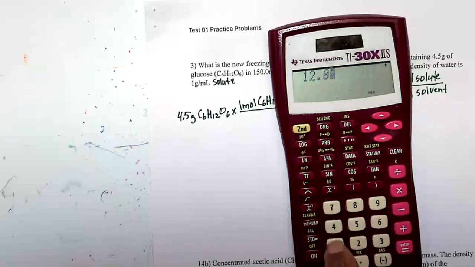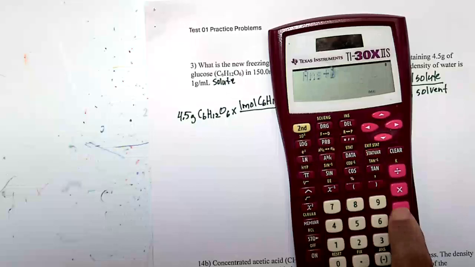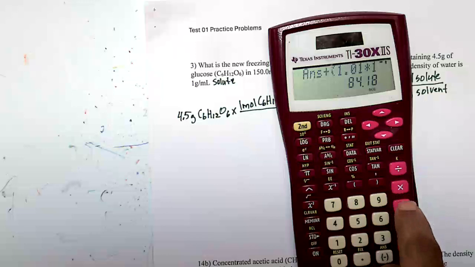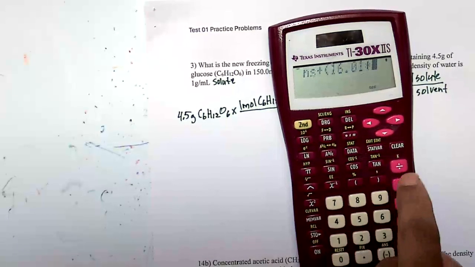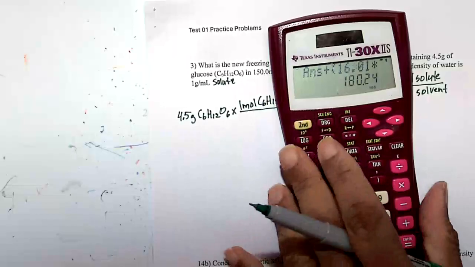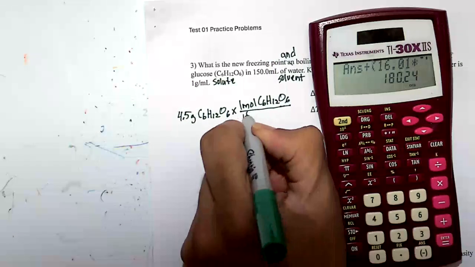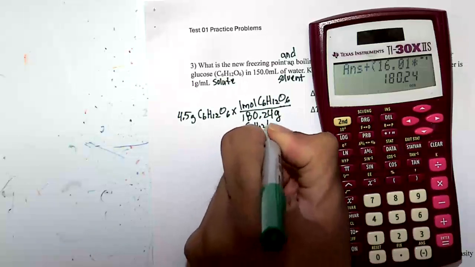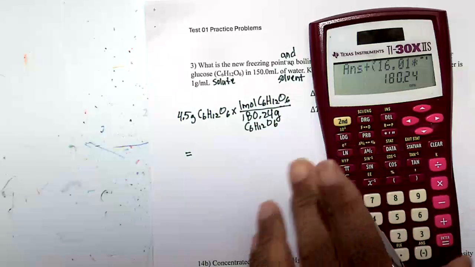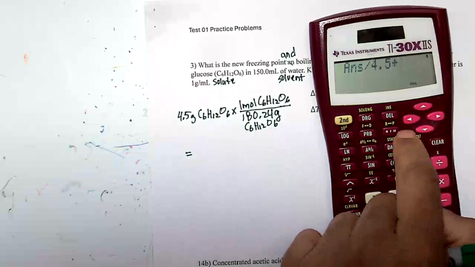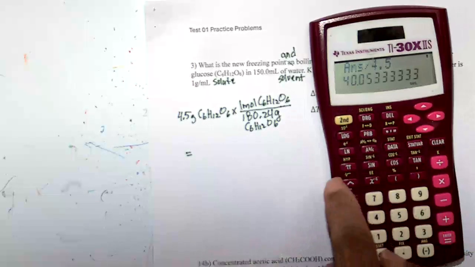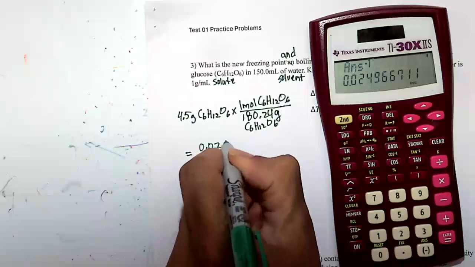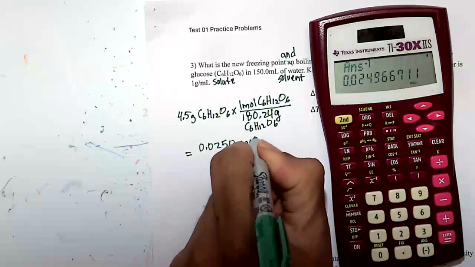Carbon is about 12.01, we have 6 units, plus hydrogen is 1.01, we have 12 units, and then oxygen is about 16.01, and then we have 6 units. About 180.24 grams. So 4.5 divided by that number, getting about 0.0250 moles of our solute glucose.